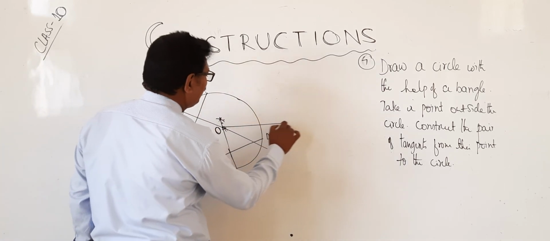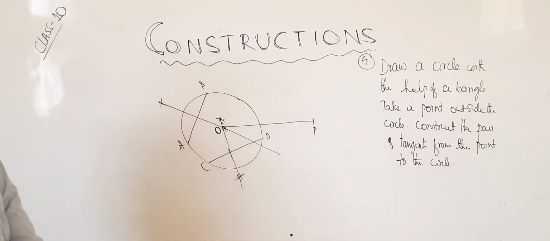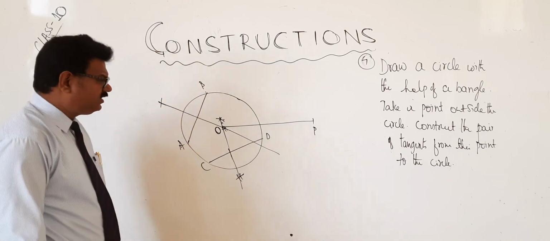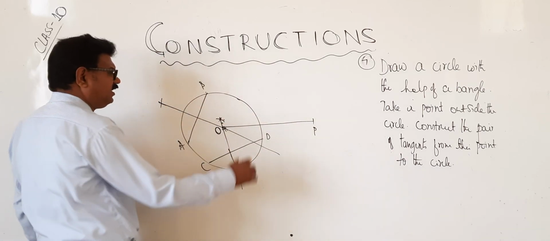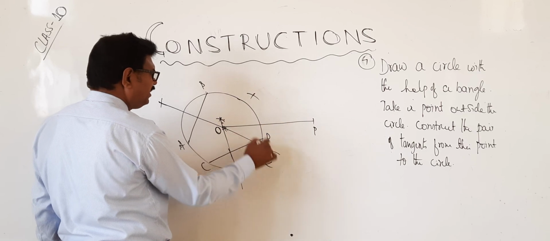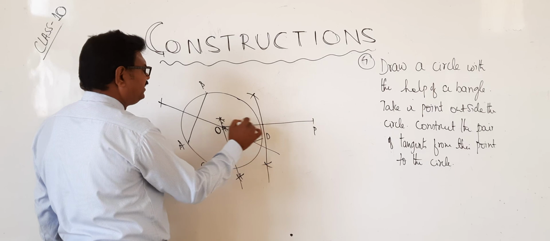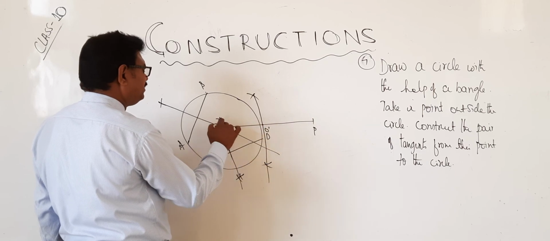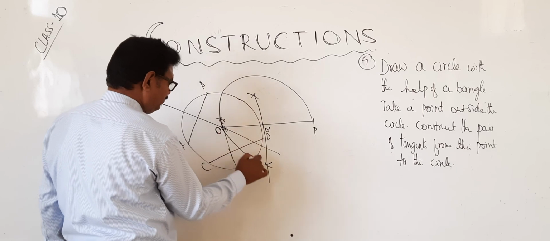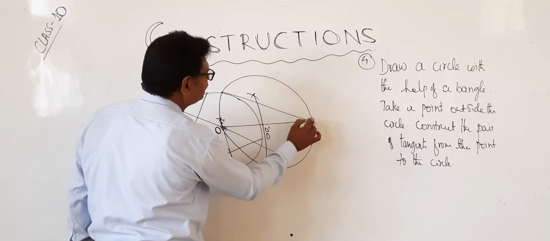Now you take the point P. Very, very simple. Now we don't know the radius, so bisect that. Again taking more than half like this and like this, and it will cut like this. Taking this as center, that is O dash. Now draw a circle. Over from this point. Yes.